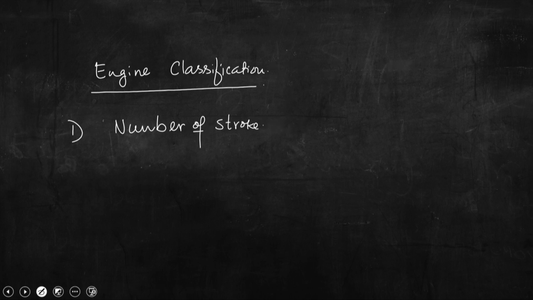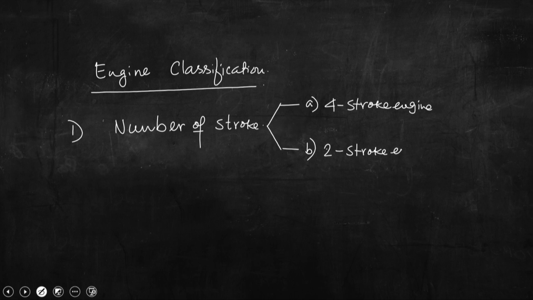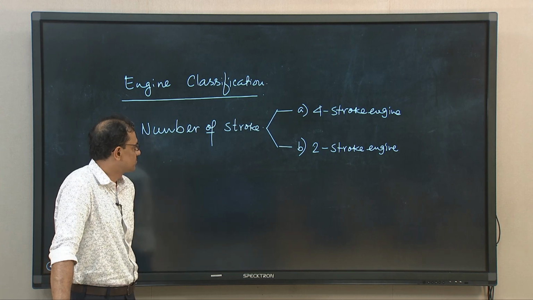Based on this point, we can classify engines into two categories. One is the 4-stroke engine and another subcategory is the 2-stroke engine, though 2-stroke engines are now almost obsolete.